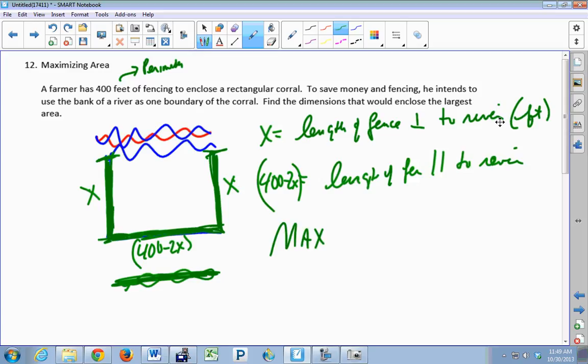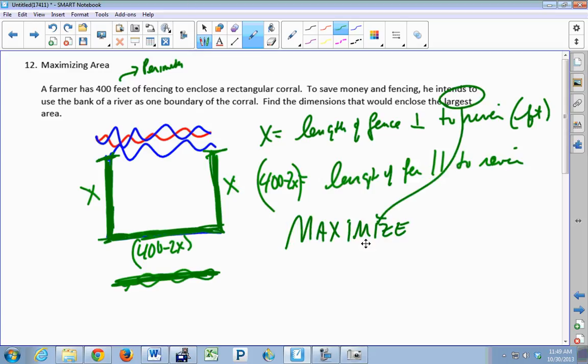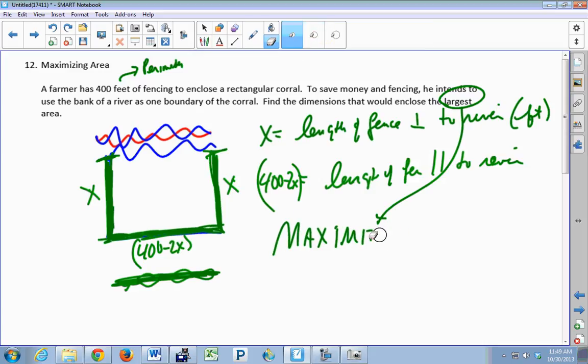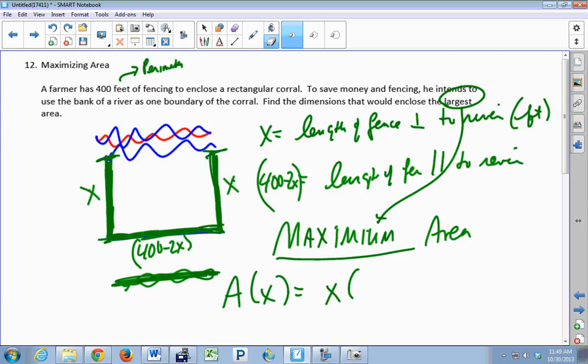Okay, so I want to maximize. You see that word, largest. Largest means you're going to try to find the maximum value of the area, the largest area possible. So when you see the word largest and you're dealing with quadratics, you want to find the maximum. So we're going to have a function in terms of x. It's going to be the length times the width.